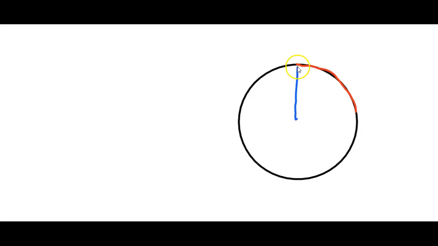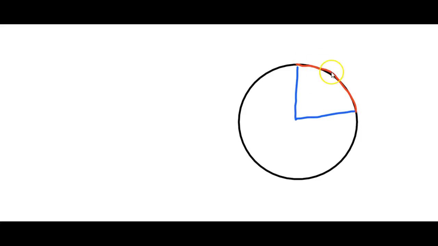Obviously, if you have a huge circle, that's going to have a much bigger length. The other thing it depends on is the angle about the circle that arc length travels. So if you have a bigger angle from your radius, then you're going to have a bigger arc length.